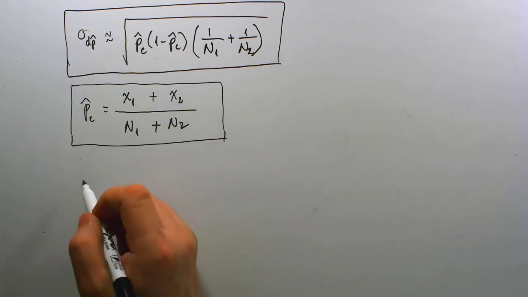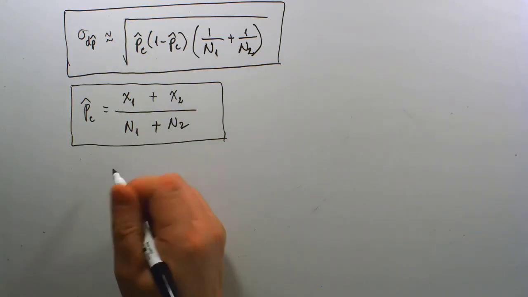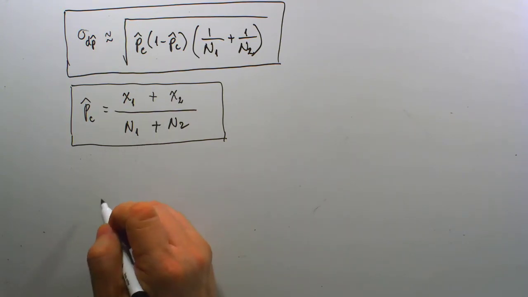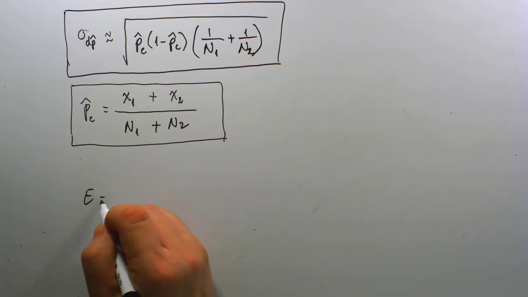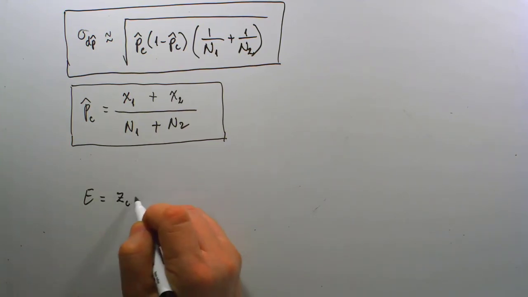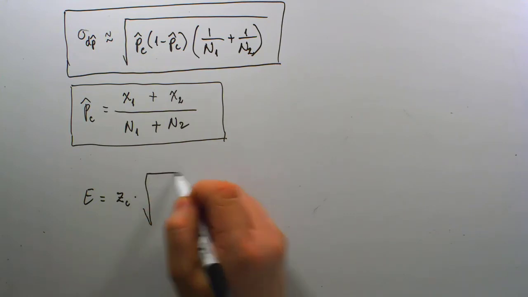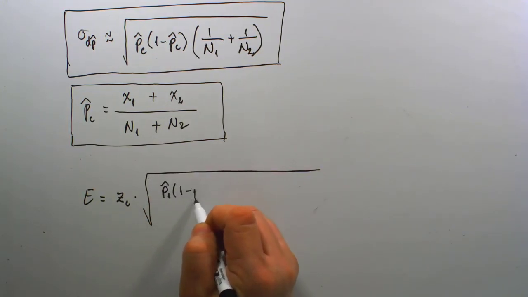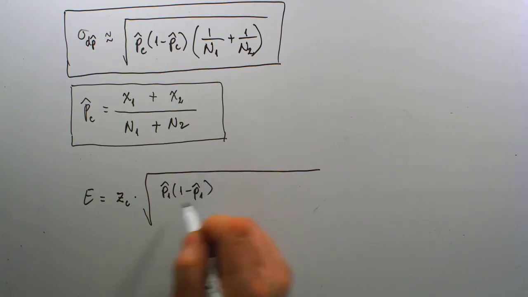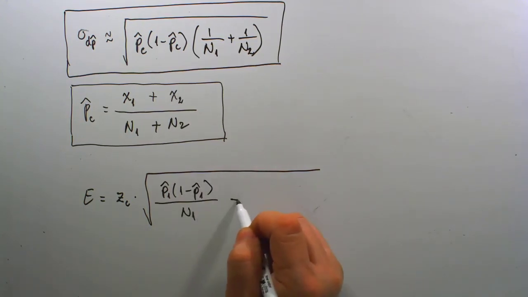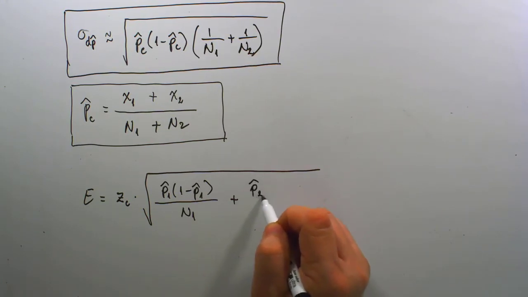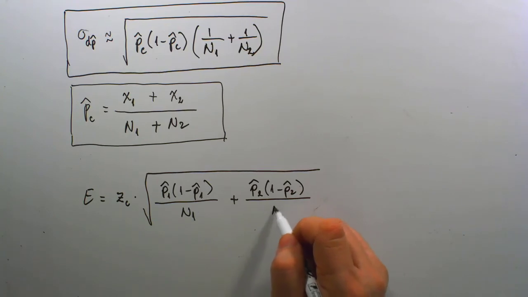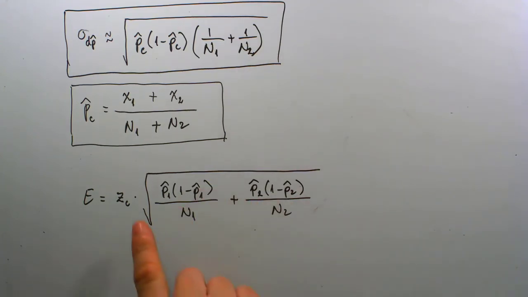And when it came down to estimating the actual dp, the margin of error is z sub c multiplied by the square root expression, where it has p hat 1 times 1 minus p hat 1 over sample size n1, plus p hat 2 times 1 minus p hat 2 over sample size n2, and all of that is again inside of the square root.